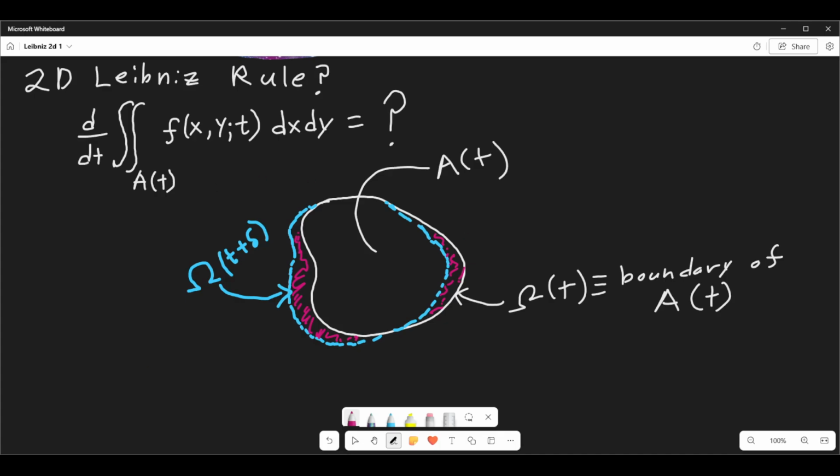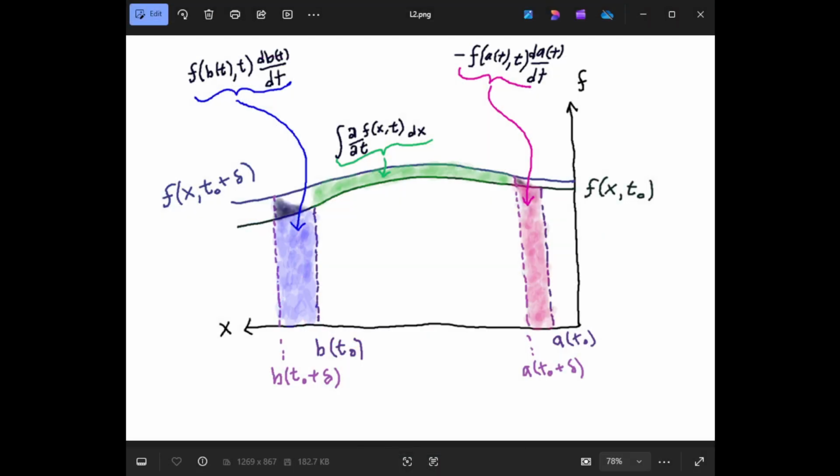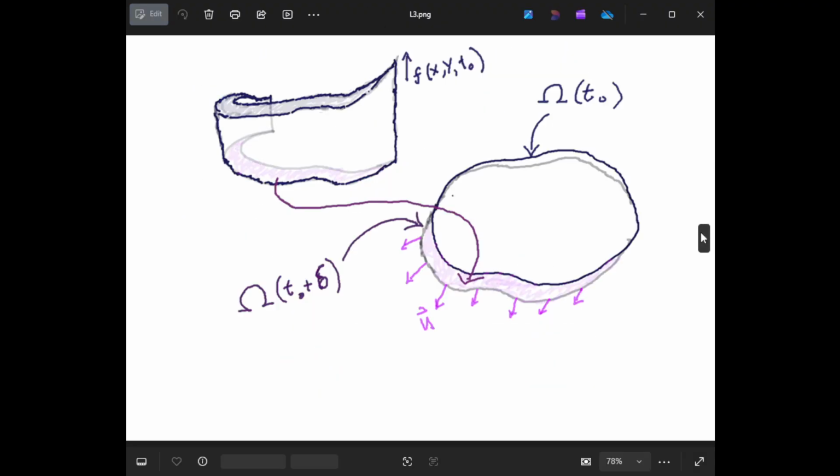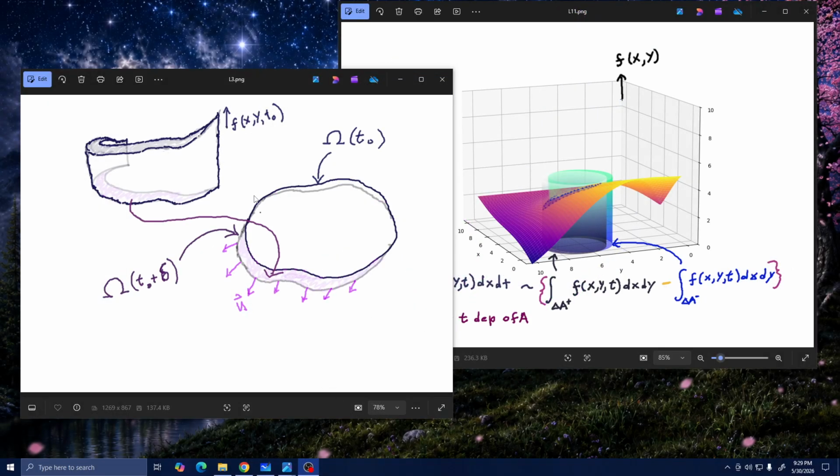So to see this sketched out, let's go to the sketch. So basically, this is the edge right here. This is the area here. So this is the area here, and then looking at it from the side.